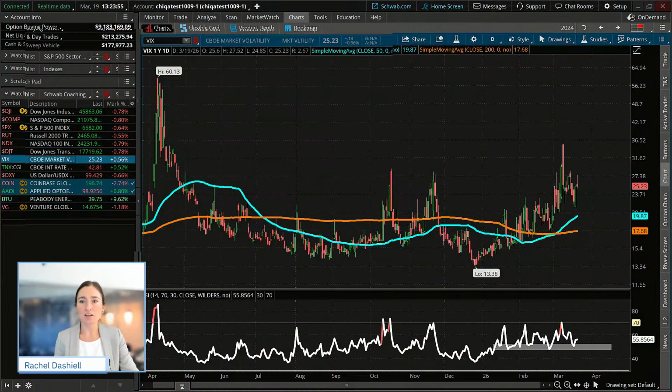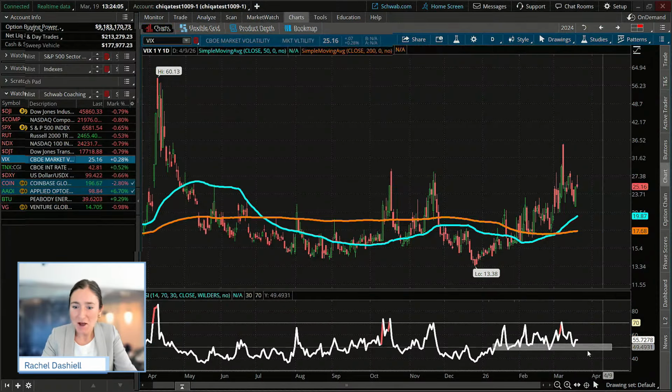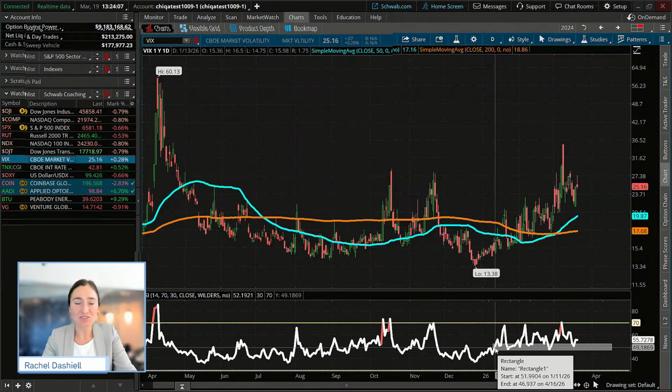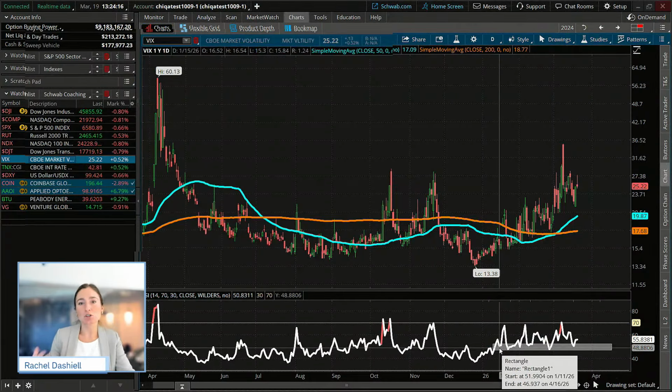Right now, the VIX is trading above its 50-day, above its 200-day. And if you look at the VIX down here, what did we just say about momentum regimes? Well, ever since the beginning of really 2026, the VIX has been in a bullish regime here. So we've seen a little bit more heightened fear in the market.